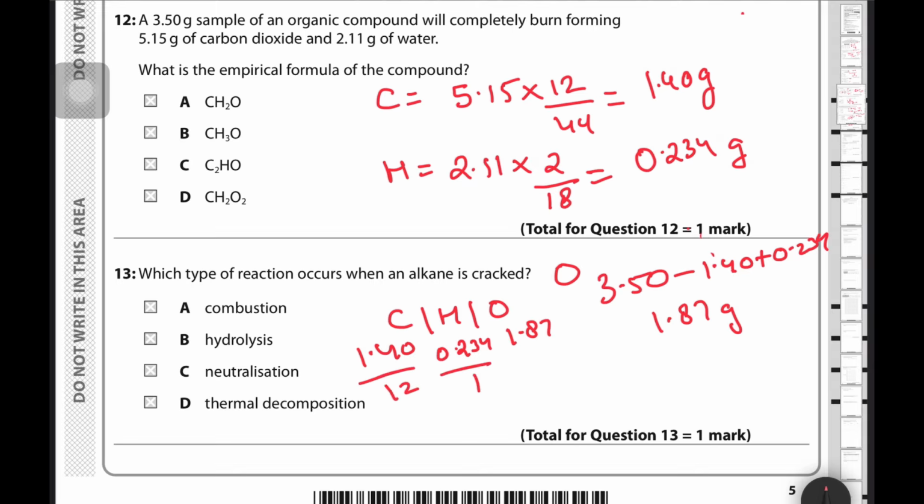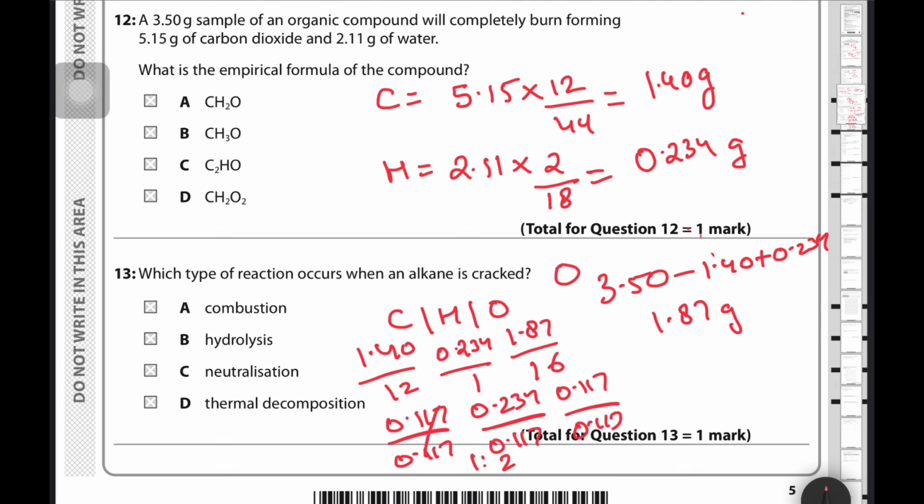Carbon is 12, hydrogen is 1, oxygen is 16. You solve it, you get 0.117, 0.234 and 0.117. Divide them all by the smallest number, 0.117, giving 1, 2, 1. Ratio is 1:2:1.